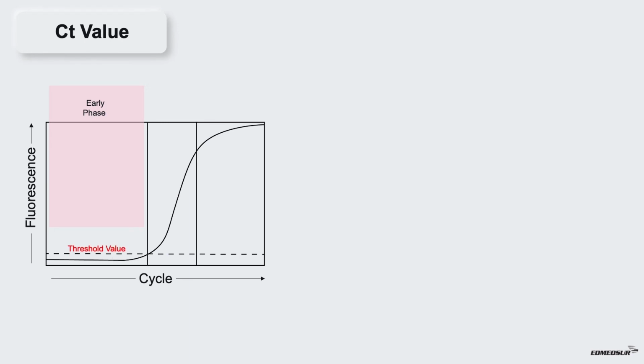A threshold value is the point at which fluorescence reaches values above the baseline levels. In the exponential phase, the successive cycles of amplification result in an exponential increase of copies of the target DNA, leading to accumulation of fluorescence. In the plateau phase, amplification is no longer occurring exponentially since reagents have been used and fluorescence levels do not increase.